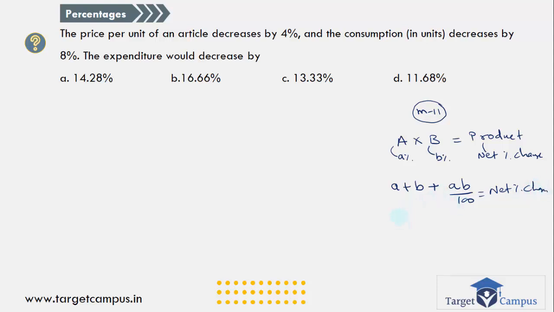So here in our question, we have price into consumption is equal to expenditure. So this value changed by some percent, this value changed by some percent. What is the change in this product? That is expenditure, right? You can simply use this formula. In our question, a is minus 4 because it is a decrease, and b is minus 8 because it is a decrease again.